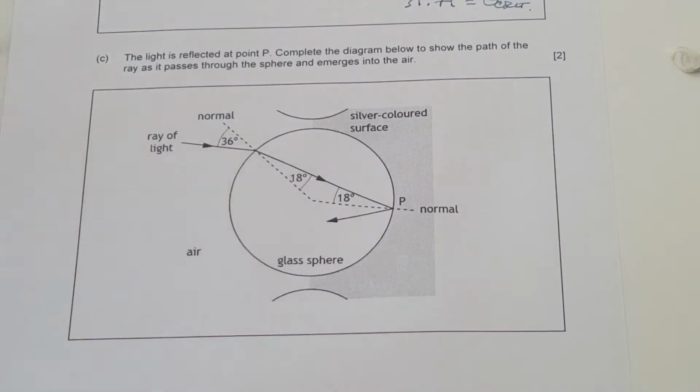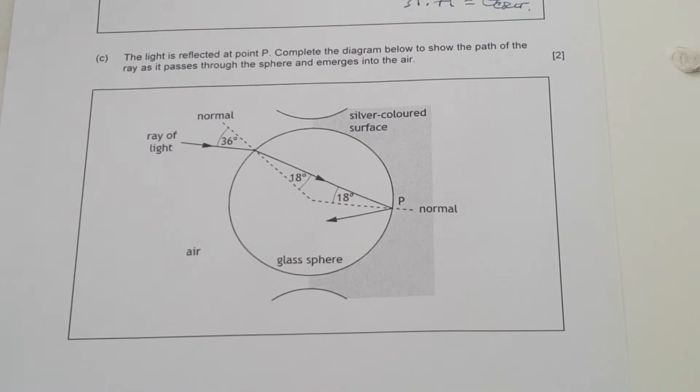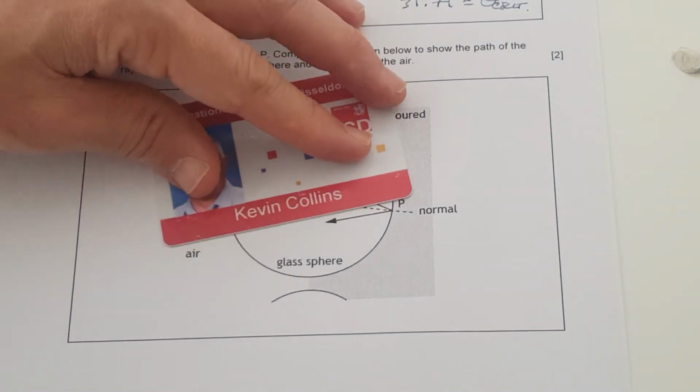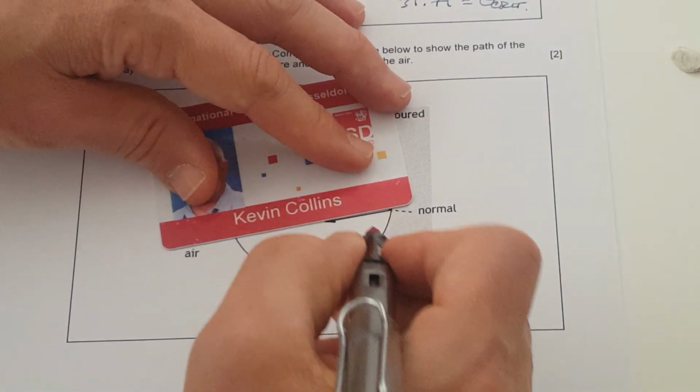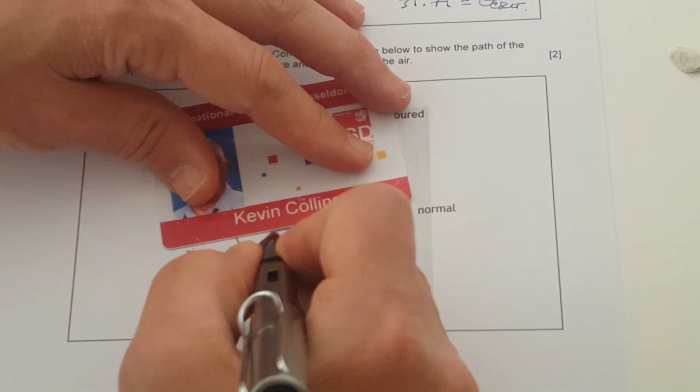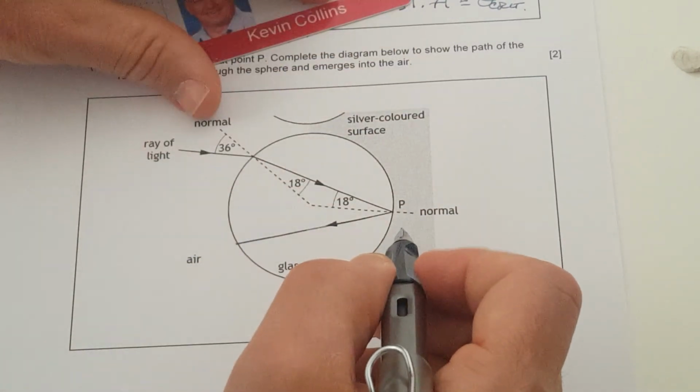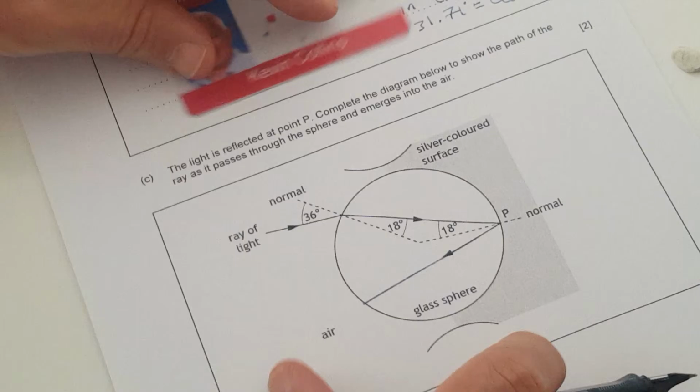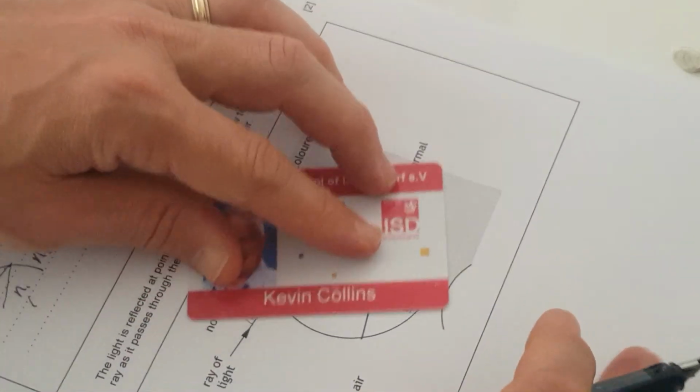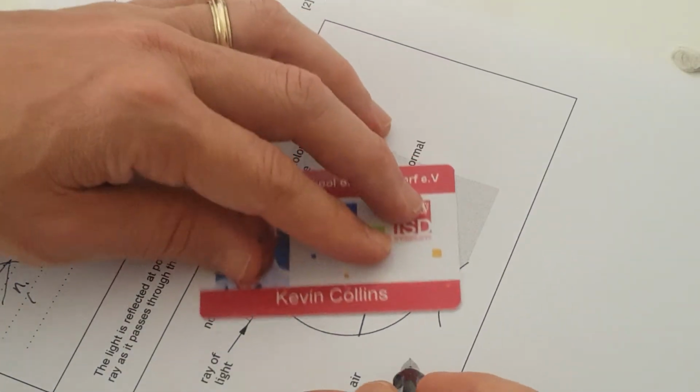The last question on this part is light is reflected at point P. Complete the diagram below to show the path of the light as it passes through the sphere and emerges into the air. So, using a quality straight edge, I'm going to simply continue this path of the light. And now I want to start thinking about its normal line.